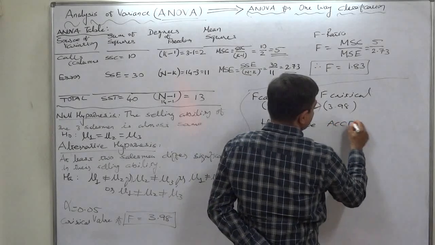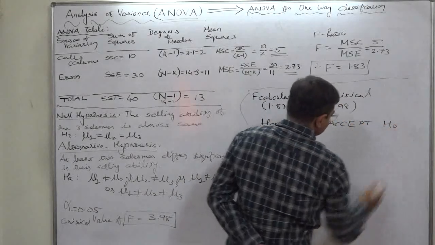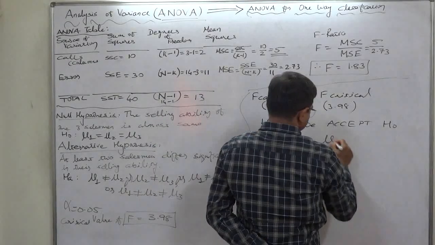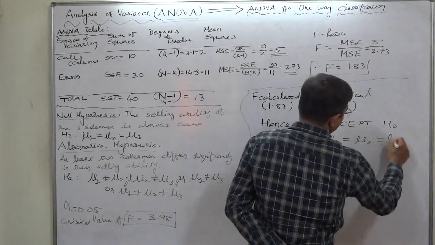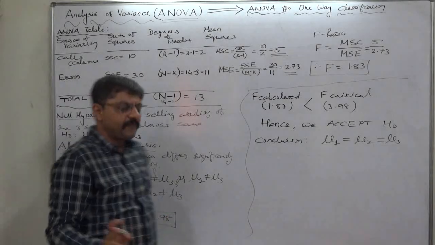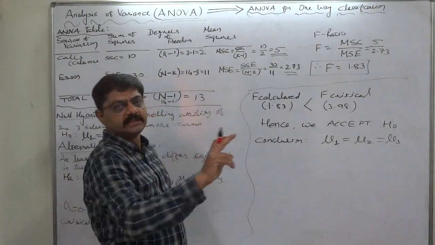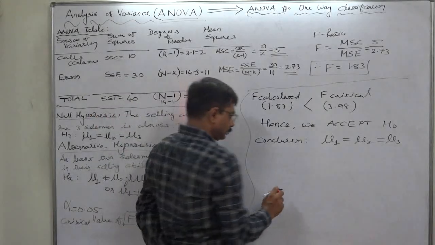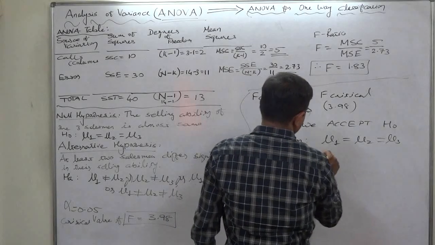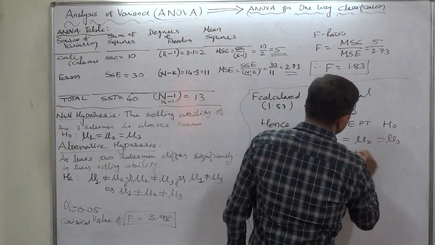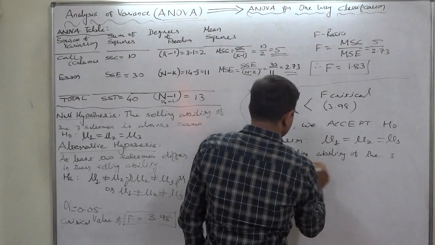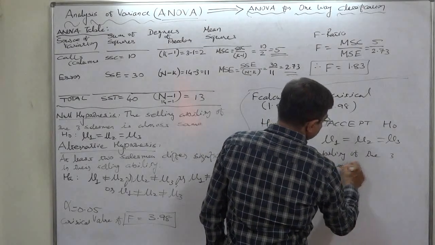We accept the null hypothesis and conclude that more or less the mean sales of the three salesmen are similar. The difference between the three average sales is not significant, or the selling ability of the three salesmen is almost the same.